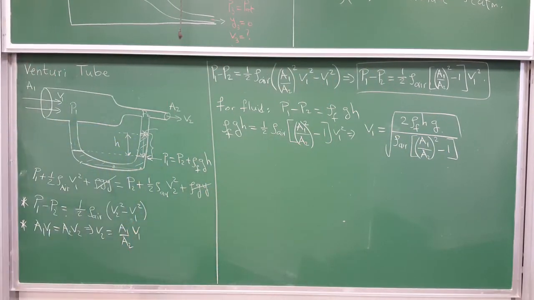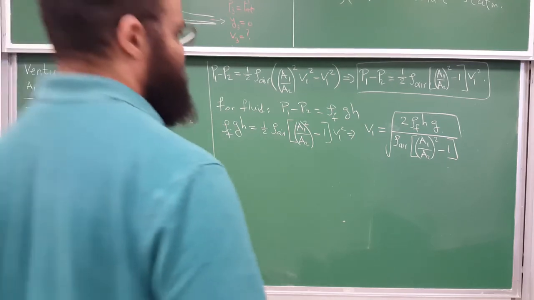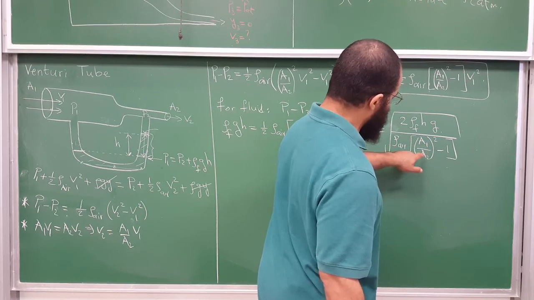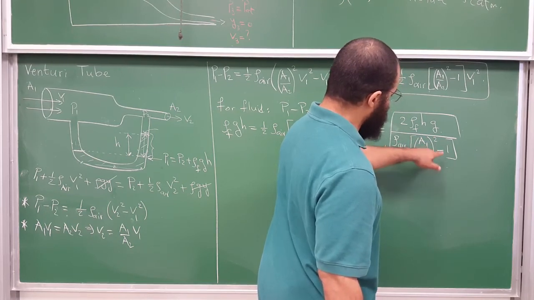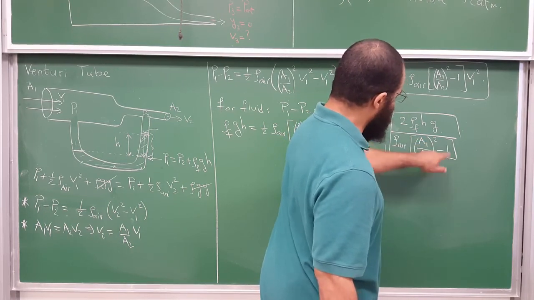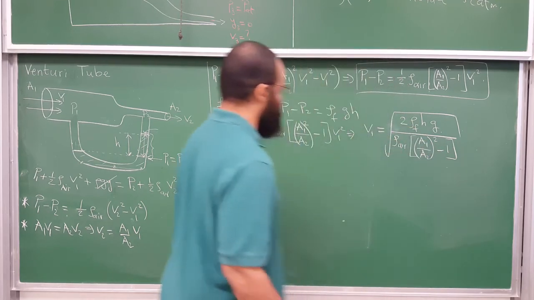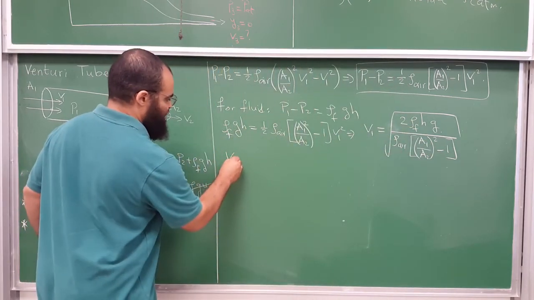Let me make sure I have it correct. It looks correct, except they have it in a different format. So let me write it in the format they have. They just split this: they put A1 squared and then A2 squared. Found the common denominator, so you multiply this by A2, and the A2 goes upstairs and you take the square root, so the A2 comes out. So it reduces to this.